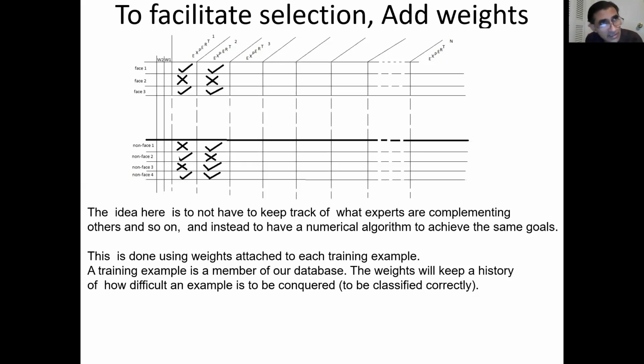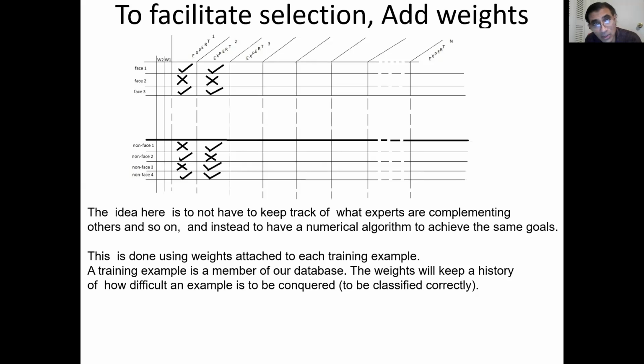There is more to the boosting algorithm, and in particular, there are three parts that I'm skipping. I'm skipping the actual selection algorithm because they don't do it by this complementing approach. They do it by setting up some weights. The weights go with the examples.